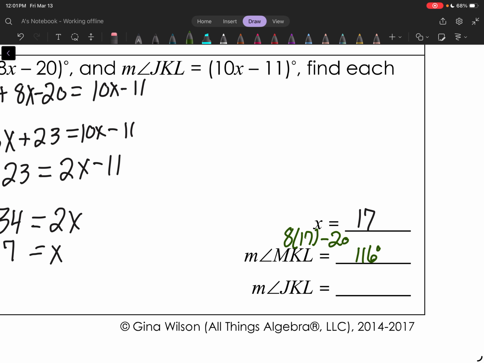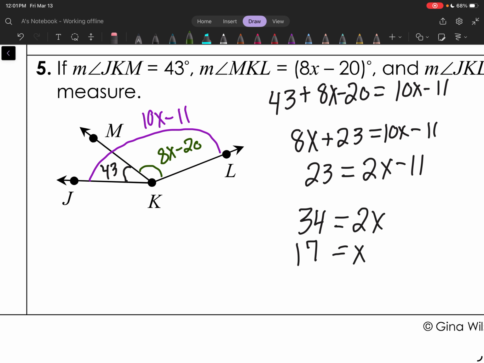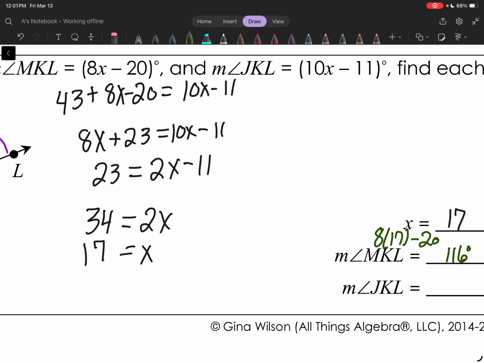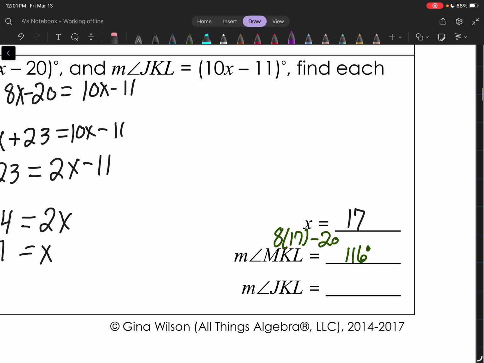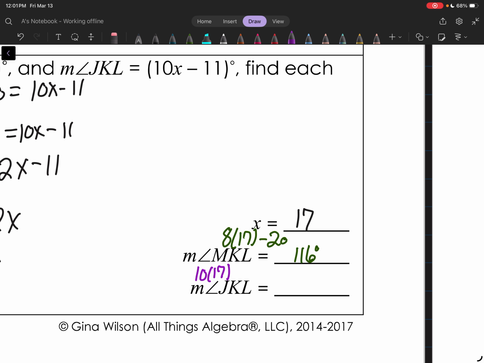Measure of angle JKL. Now you have an option. We could do 10 times 17 minus 11, which, yeah, that's pretty easy. This is 170 minus 11 for 159.